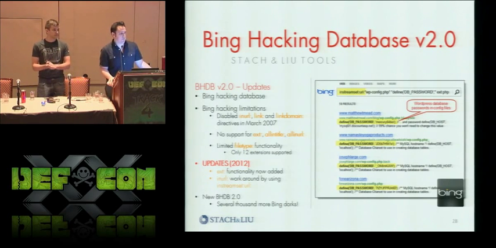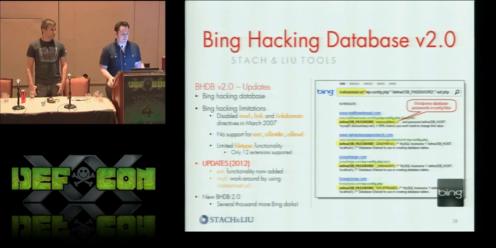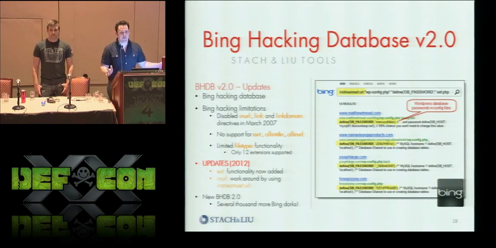Before we released our first Bing hacking database, Bing, or MSN before that, was primarily used for footprinting, finding host names, finding applications, or URLs and things like that. And it was primarily for footprinting purposes because Bing had specifically disabled a handful of features, most notably inurl, which broke like 95% of the Google hacking database. They specifically did it to try to prevent Bing hacking, in the sense of Google hacking, and they did that back in 2007.